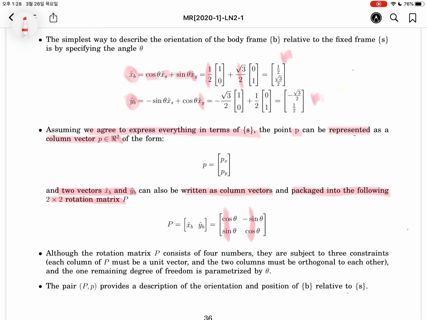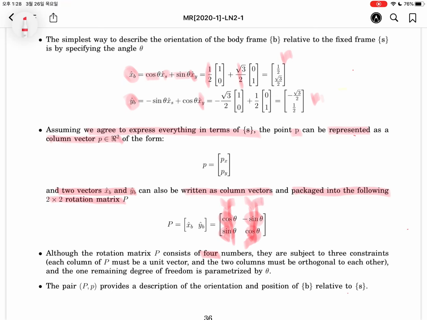The rotation matrix has 4 elements, but we have 3 constraints. The first unit vector is normal, and the second unit vector is also normal, which gives 2 constraints. And they are orthogonal: the inner product of the first and the second is 0, which gives the third constraint. So the one remaining degree of freedom is parameterized by the angle of rotation.